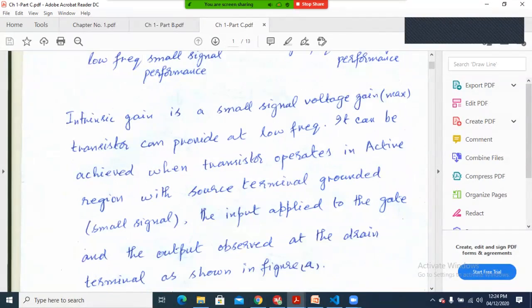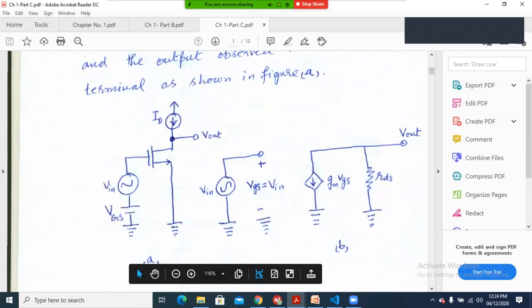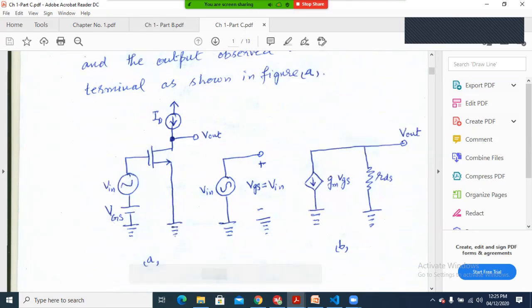So the input voltage is applied at the gate, and the source is ground. So the gate-source voltage is the input, and the output is observed at the drain, or at the drain and source. So we will see the value of Vout by Vin of the transistor.